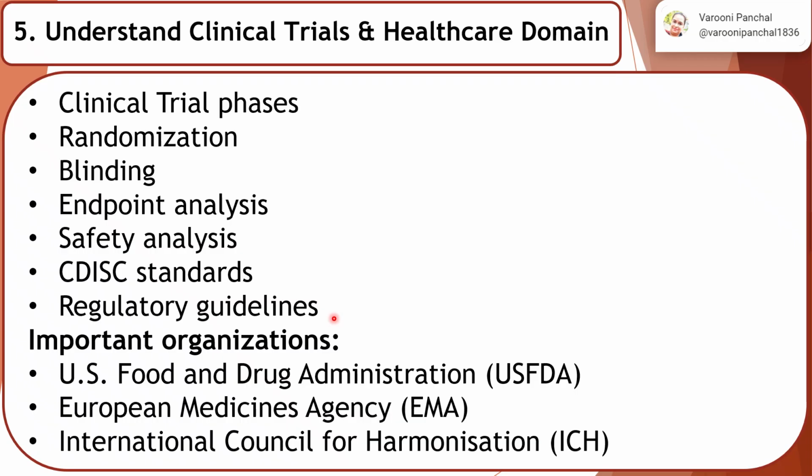Then again the regulatory guidelines, and there are important organizations. Now what is US FDA? When does a molecule undergo the US FDA regulatory submission? Then what is European Medicines Agency? This falls under which country specific? Now ICH, International Council for Harmonisation.